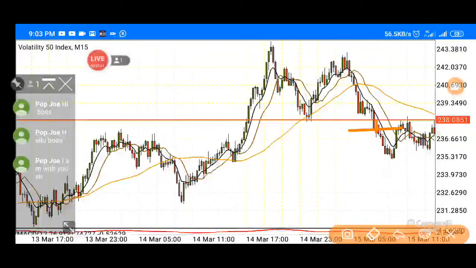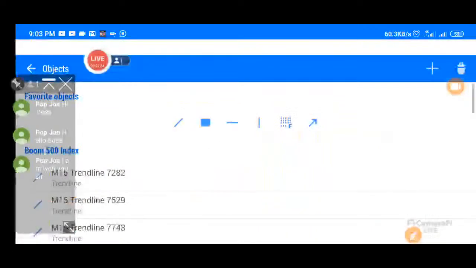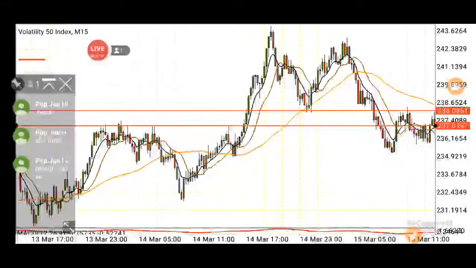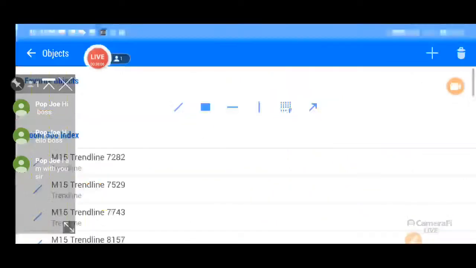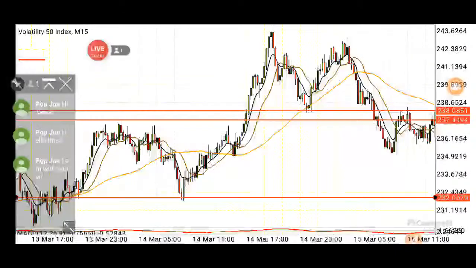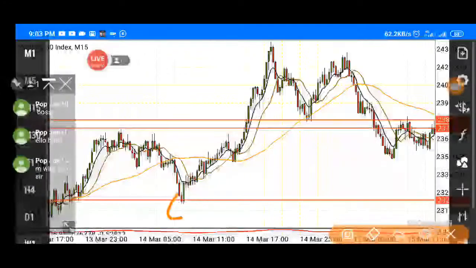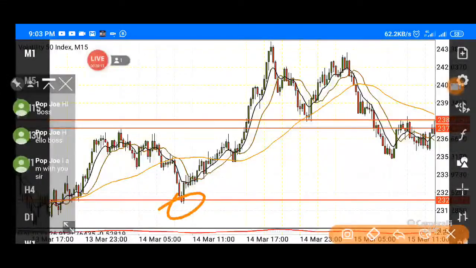You enter here as an aggressive trader. Conservative, you wait for a retest and bounce, then conservative enters here. So let's assume both traders entered at this level, and let's look for the nearest TP. Let's TP here, taking profit on this support.